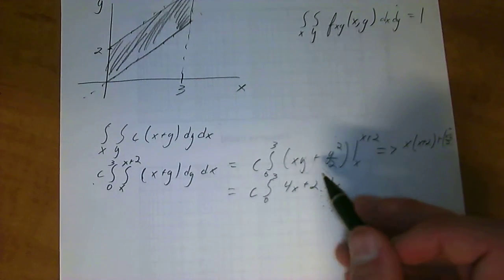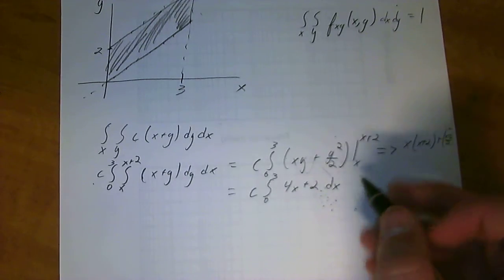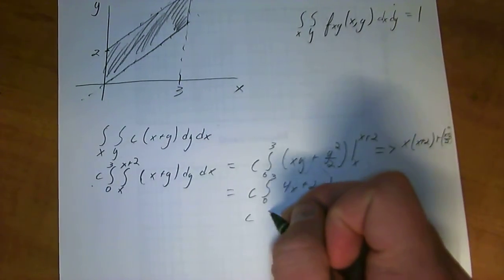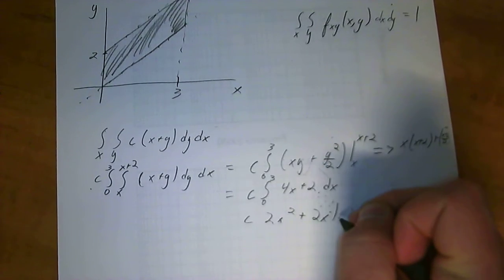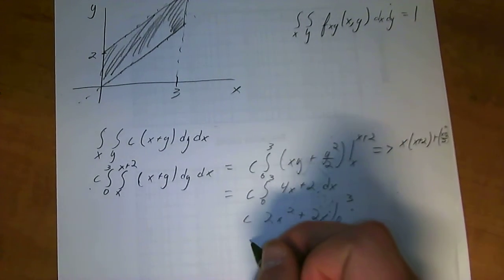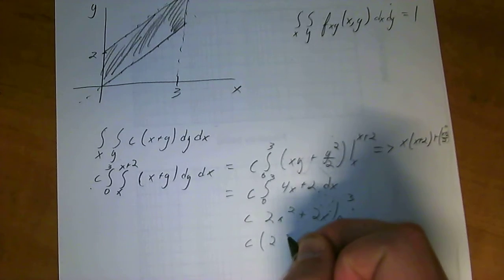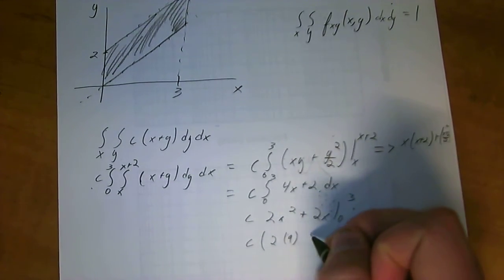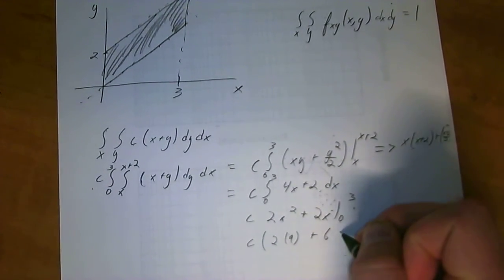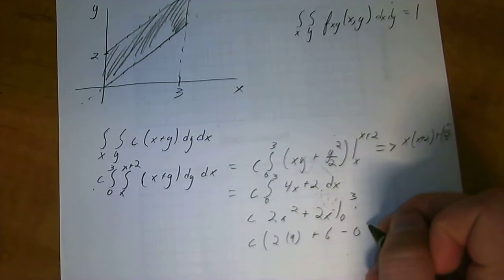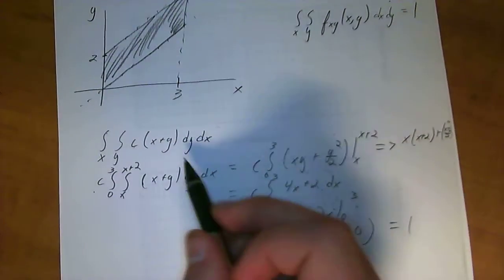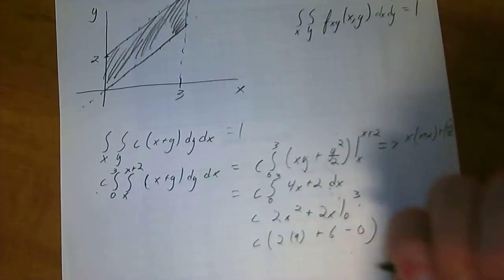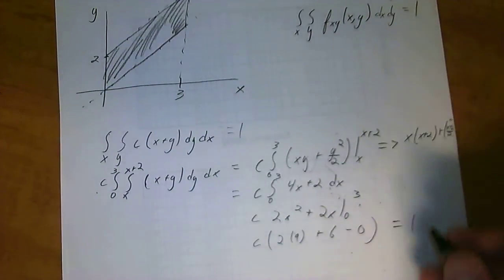So then that's going to equal c times (2x squared plus 2x) from 0 to 3, which is equal to c times (2 times 9 plus 6 minus 0), and this is still all equal to 1, sorry, I left that little piece out.